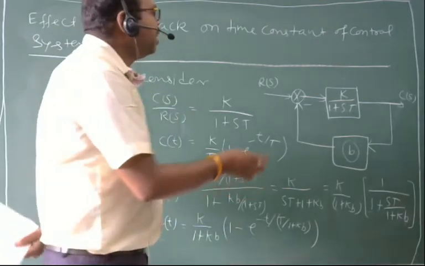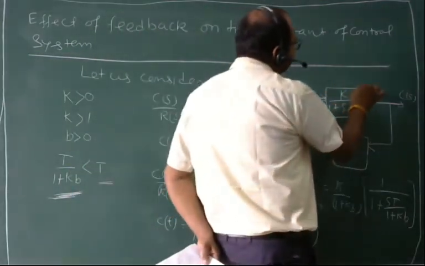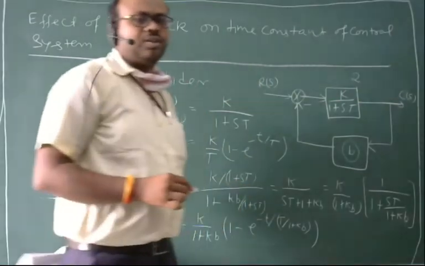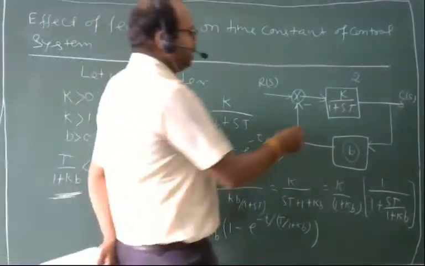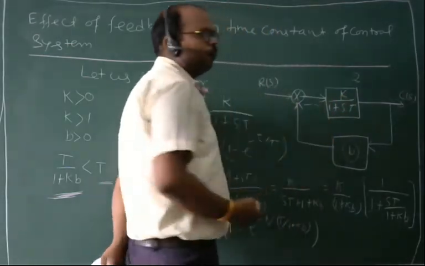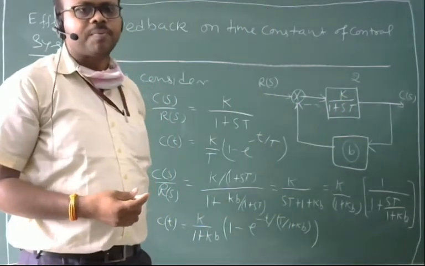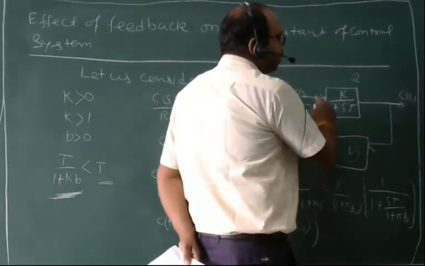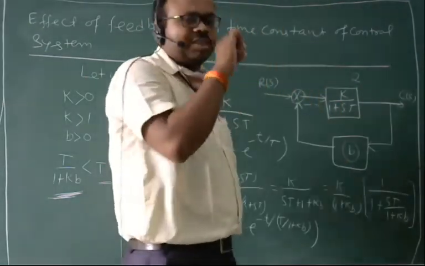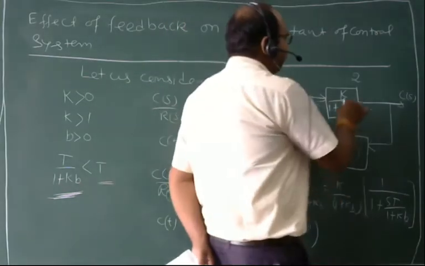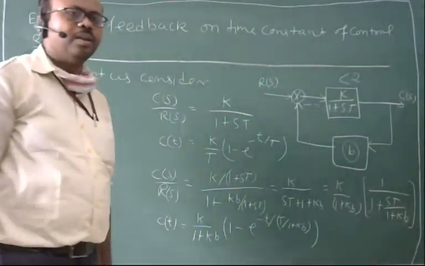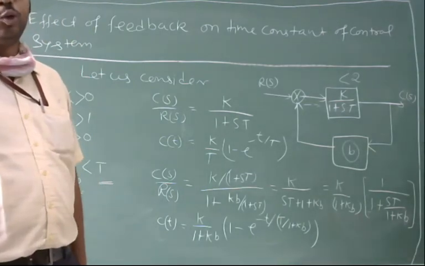It means if our response reaches steady state in 2 seconds in the case of only the forward path transfer function, then our response will reach steady state with this feedback within less than 2 seconds.